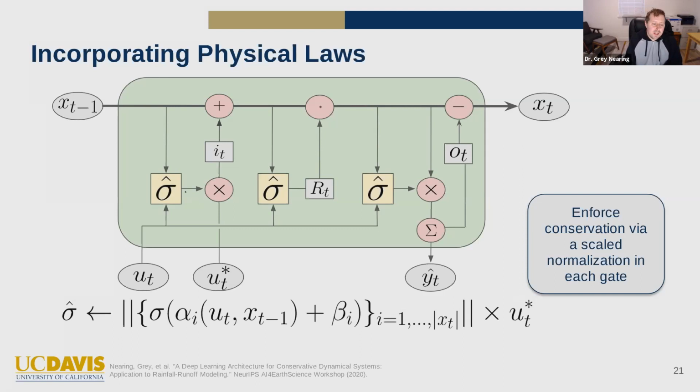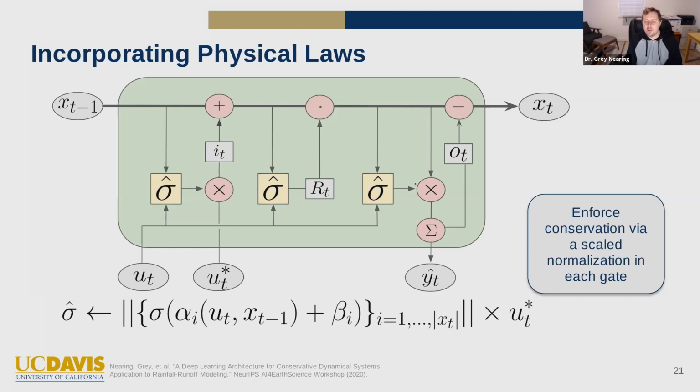The outputs from all the gates that go into the cell states are multiplied by that quantity. Here it's precipitation, so we want to conserve the total water going into the system. So we multiply precipitation by these normalized sigmoid gates, so the sum of all the information transfers from inputs to cell states always sums up to the total amount of precipitation. And then we can reshuffle column-wise normalized so we don't lose or gain any mass.